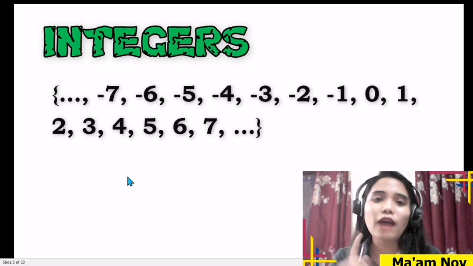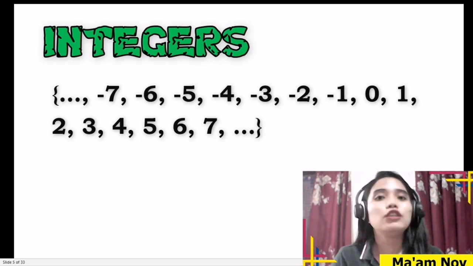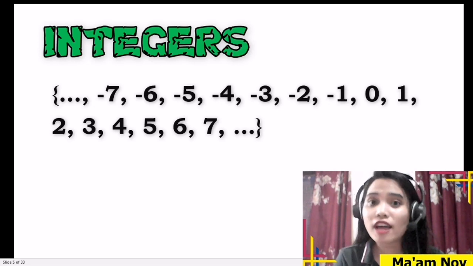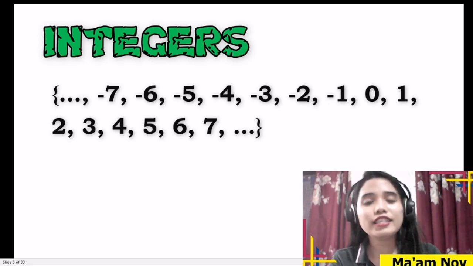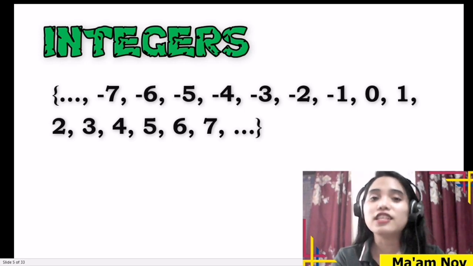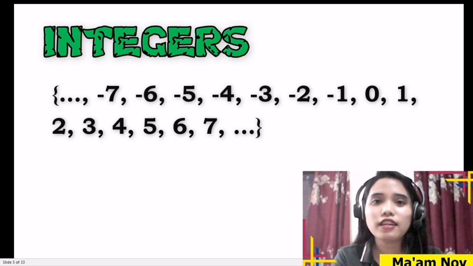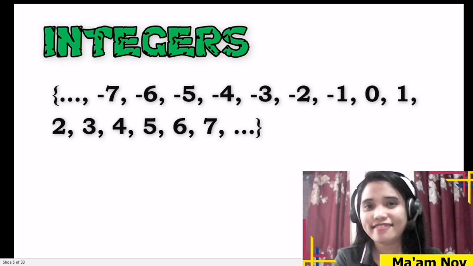Now, how about 1/2? Is 1/2 an integer? No, because 1/2 is not a whole number. How about 0.67? That's right. 0.67 is not an integer because 0.67 is not a whole number. How about, let's say, negative 1/5?